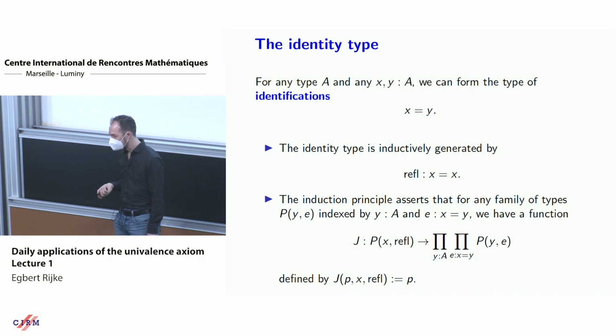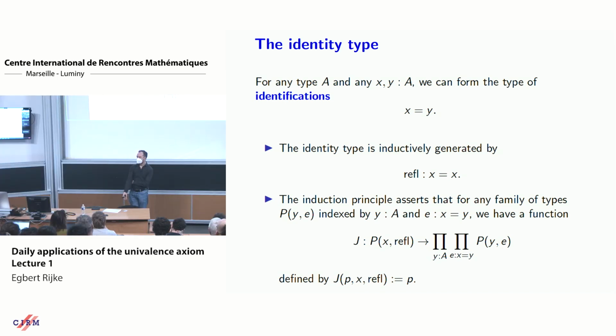So that's the idea. And then it's not just any type, it's inductively generated by one element, namely refl from x to x, or rather a family of elements, because you have this for every x. And the induction principle, it could be a little bit tricky to see why that makes sense.